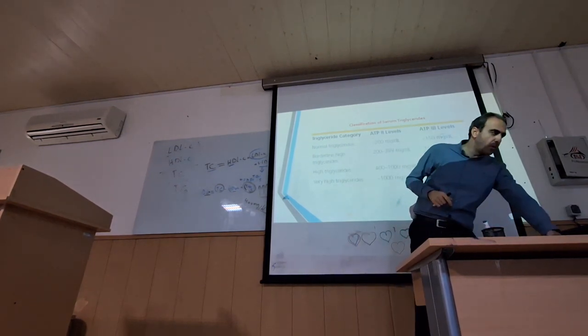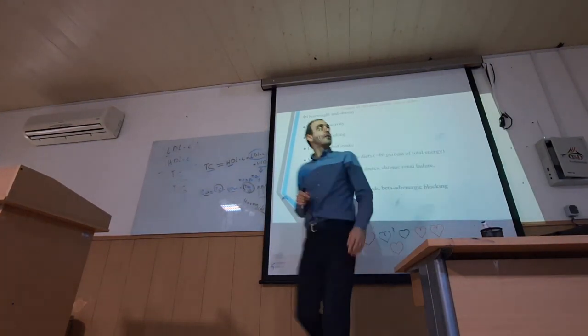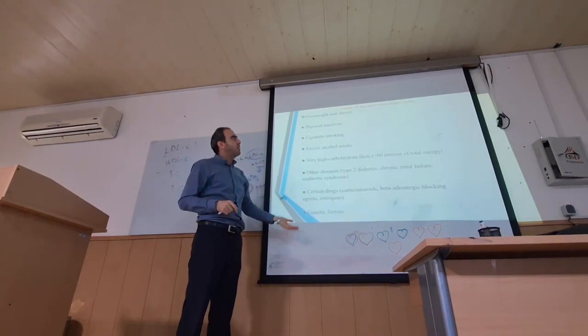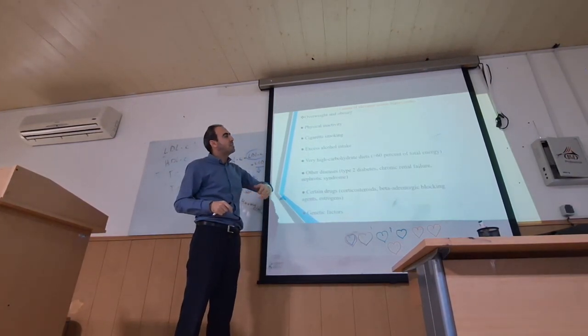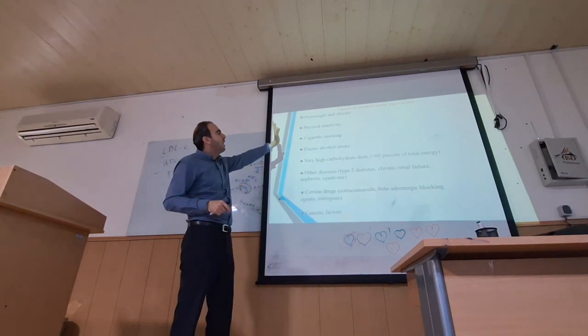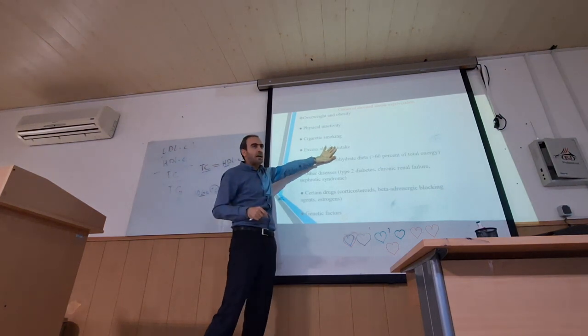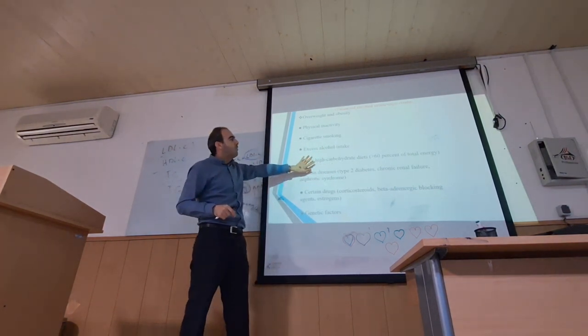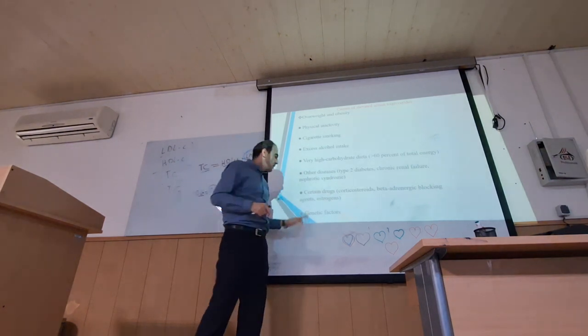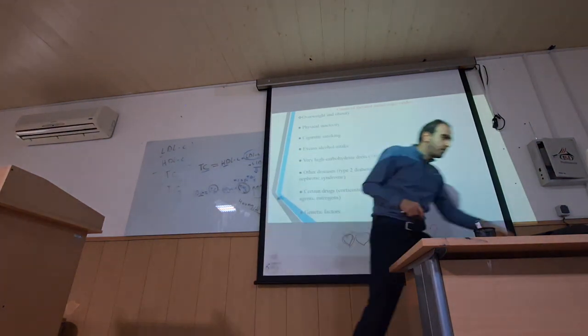The causes again that lead to increasing serum triglyceride are physical inactivity, obesity, cigarettes, alcohol use or abuse, a very high carbohydrate diet, type 2 diabetes, certain drugs, and genetic factors.